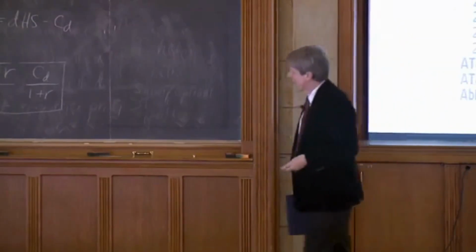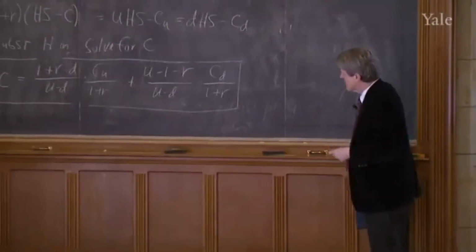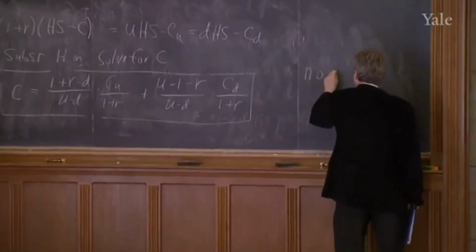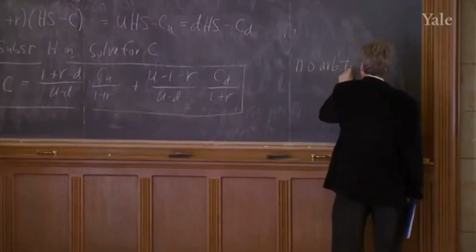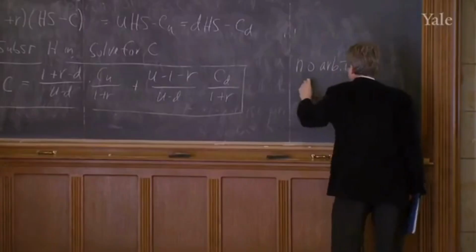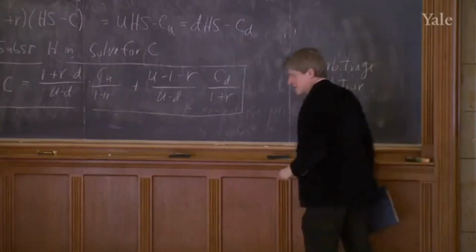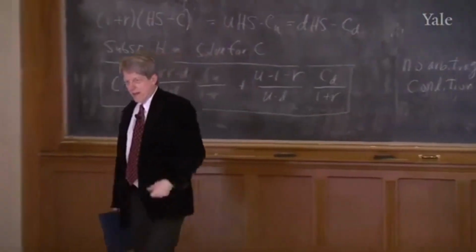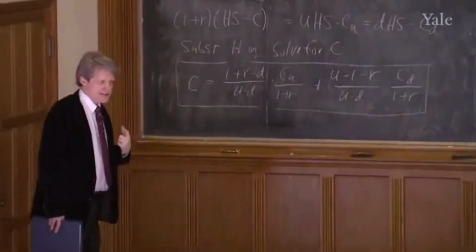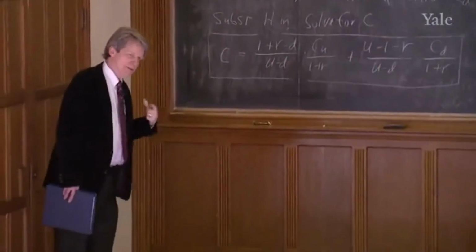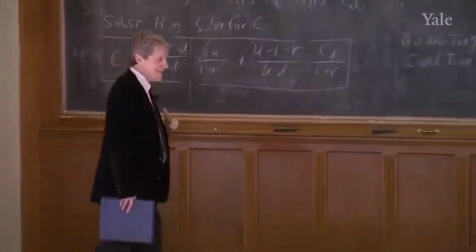This option price formula was derived from a no arbitrage condition. Arbitrage in finance means riskless profit opportunity. And the no arbitrage condition says it's never possible to make more than the riskless rate risklessly.